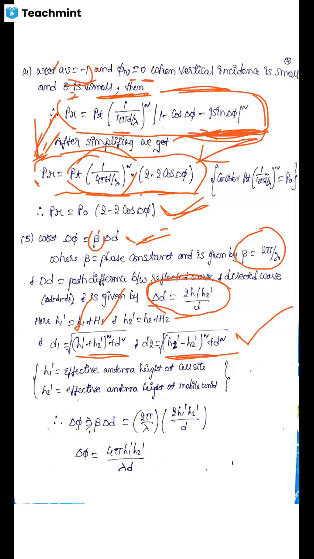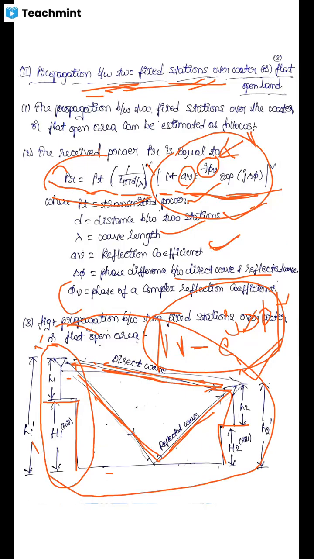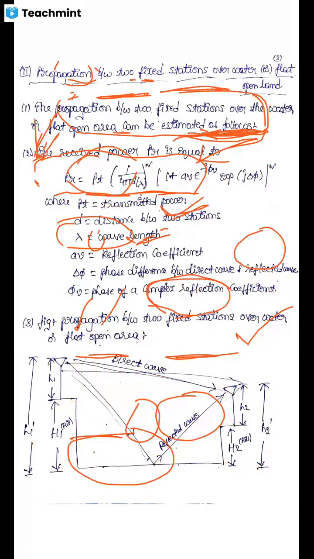And after substituting in del phi, del phi is equal to beta into delta d, where beta we know is 2 pi by lambda, and delta d is 2 h1 dash h2 dash by d. So finally I will get the expression del phi is equal to 4 pi h1 dash h2 dash by lambda d. This is the expression I got after calculating this diagram, the propagation between two fixed stations.